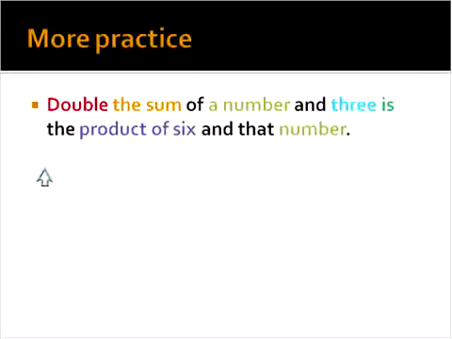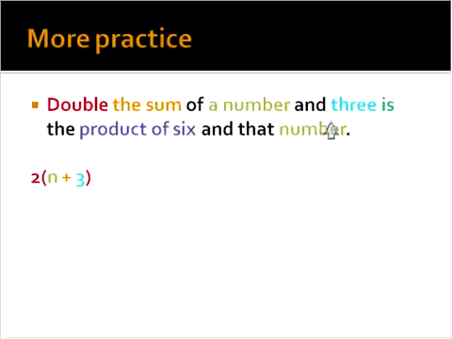So double, in red, is multiplying times 2. We represent that like this: 2 times, and then we're going to be told what goes inside the parentheses. The sum, which is addition, of a number and 3. So the sum of a number and 3 is like saying n plus 3, and we are doubling all of that, so we write 2 times the quantity n plus 3.